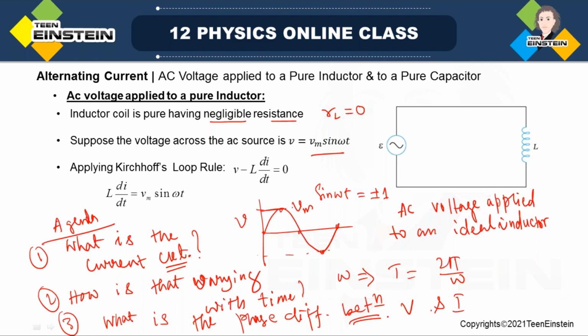I'm just abbreviating because I don't want to write it in full since I am speaking. So this is the phase difference between voltage and current. So these are a few agenda points. Depending on these points, we'll be discussing this circuit. What is the current? How is it varying? And what is the phase difference between voltage and current? That means what is the relationship between voltage and current? These are the few agenda we'll be looking at in this circuit.